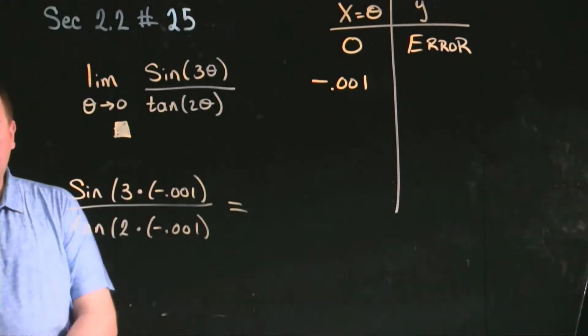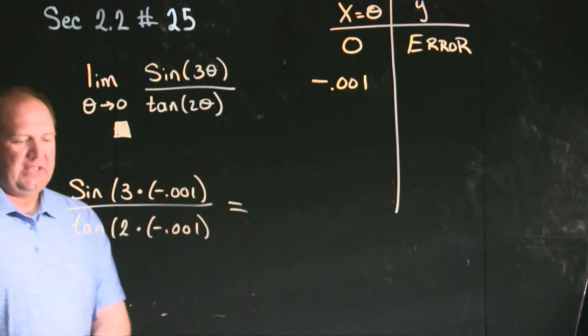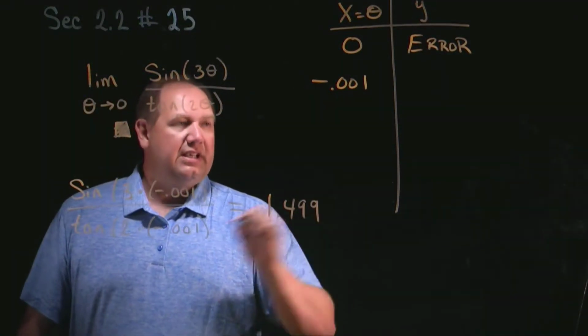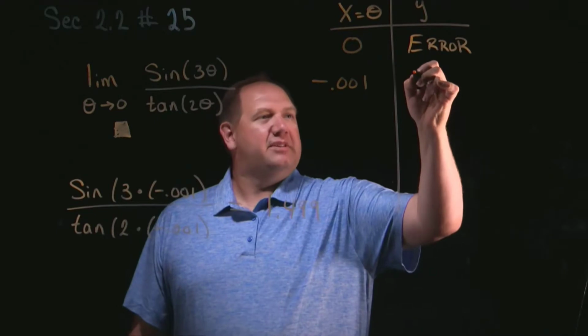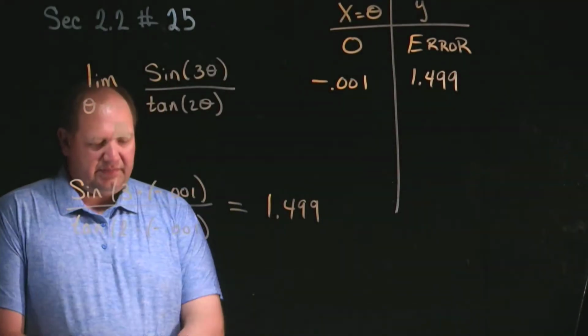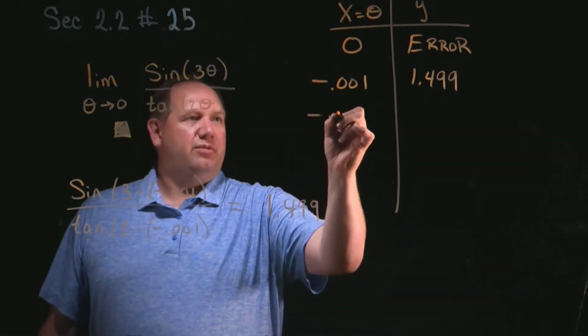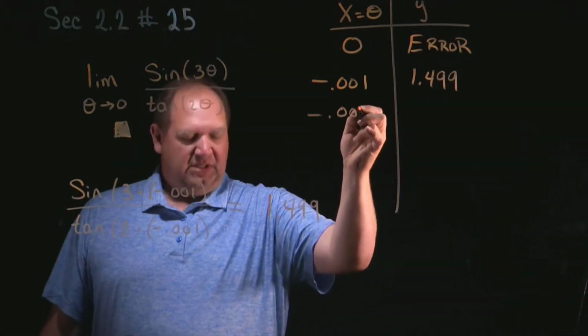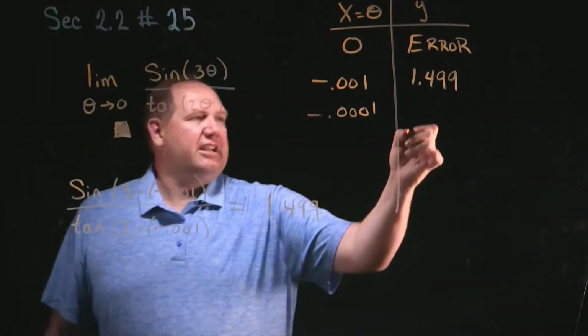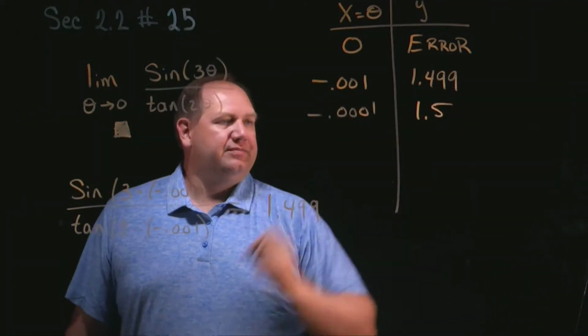And when I plug that into my calculator, I got 1.499. So I write that over here on my table, 1.499. I also did negative 0.0001, and my calculator said it's 1.5.